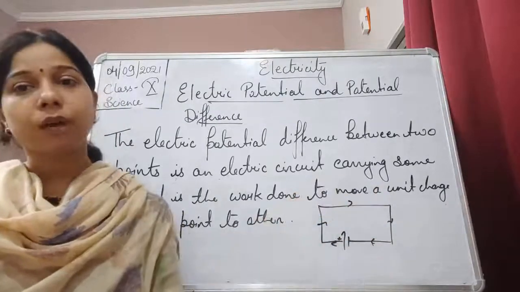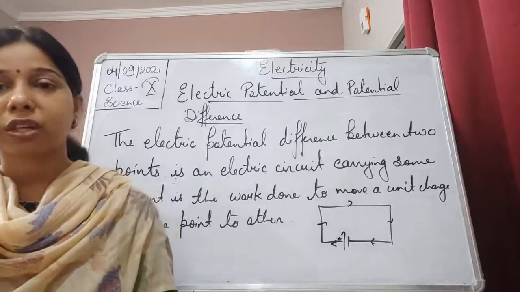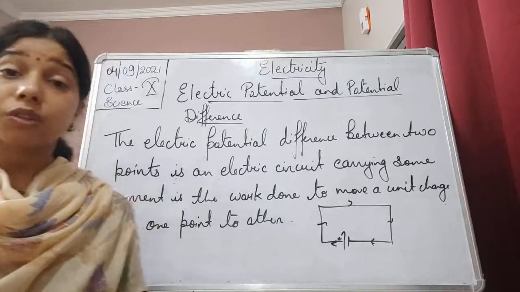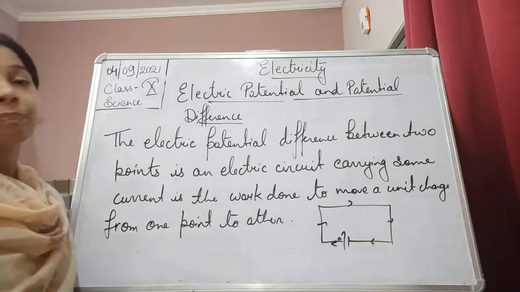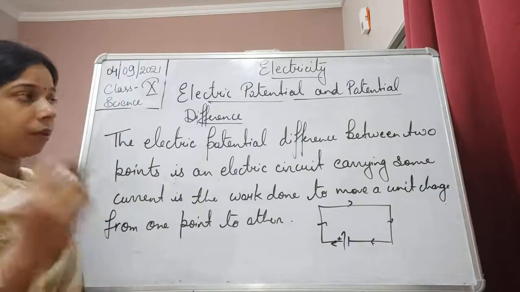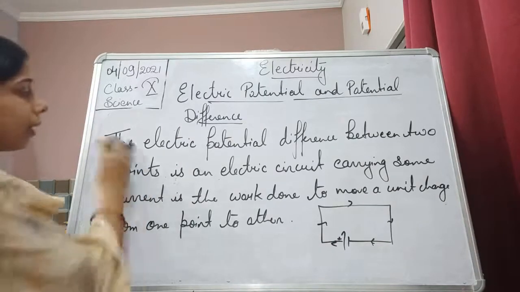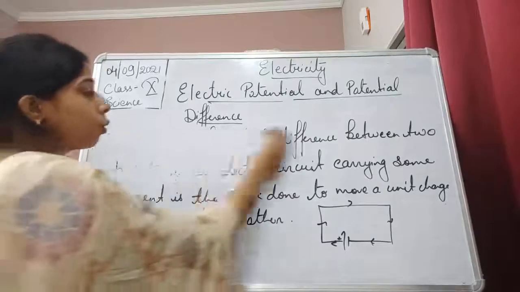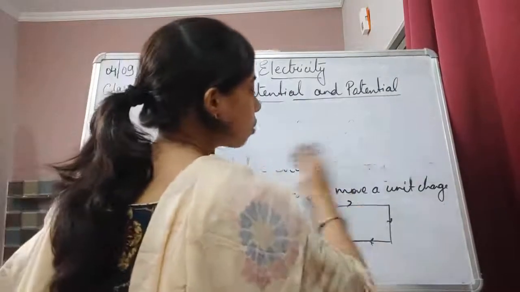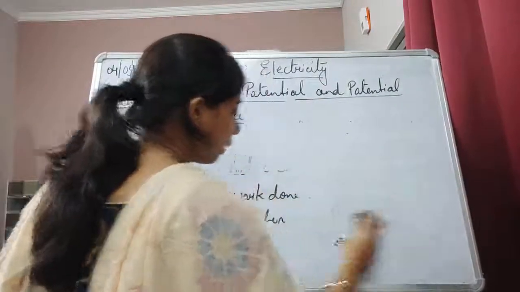That will be done with the help of the electric potential difference. So this is how we can also find the equation related to that. So potential difference, we can say that it is the work done to move an electric charge.